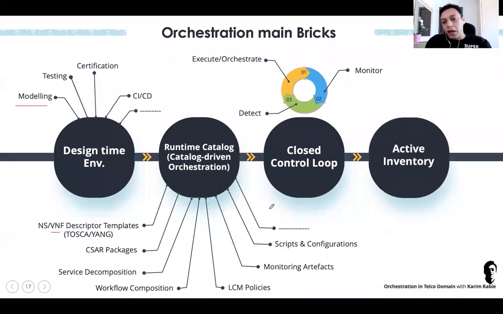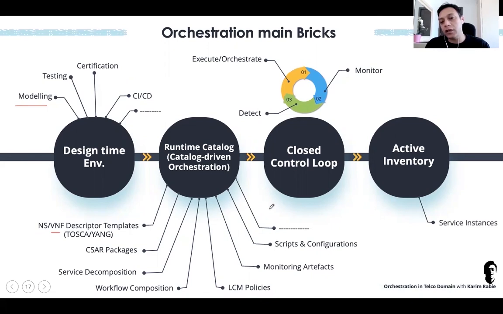And then the last brick, and also one of the important bricks of the orchestration, is the active inventory. So whenever the orchestrator fulfills something, like I am an orchestrator, I managed to instantiate a service, I have to update the inventory that now this service is up and running.